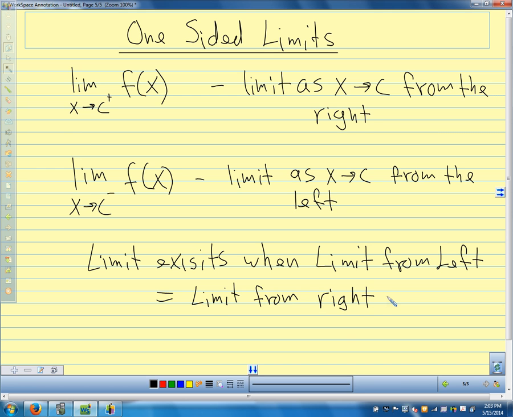So if our limit from the left and limit from the right are different, then the limit does not exist.